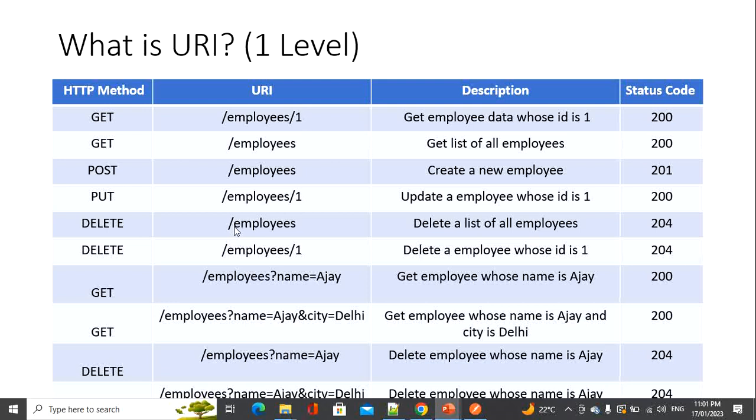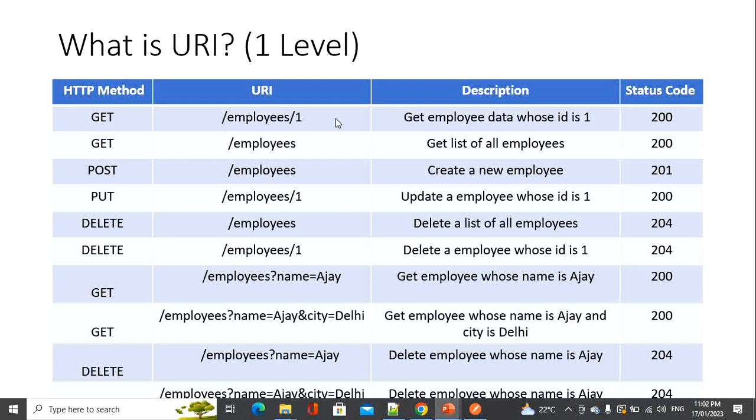For example, I want to fetch employee data whose ID is 1. Then the URI should be slash employees slash 1. By looking at this URI, what does it mean? What am I going to do with employee data whose ID is 1? Am I going to fetch, update, or delete?